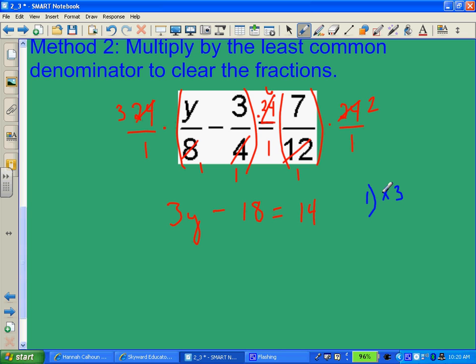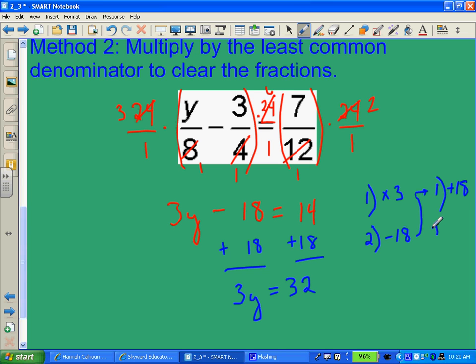So again, what's happening to y? Well, it's being times by 3 and subtracted by 18. So then to undo that, I'm going to add 18. Let's do that first. So then I have 3y equals 32.